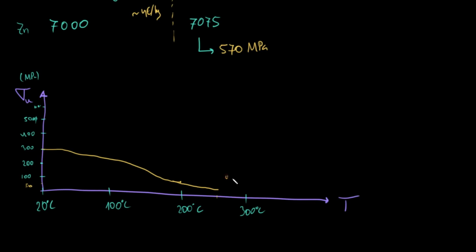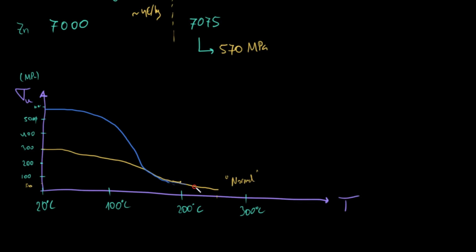So this is a normal alloy, 6060, 6063, 2011, and so on. What about 7075? Well, 7075 is really strong. It's nearly double the typical alloys at room temperature, but it does something like this. At about 150 degrees, it's the same as the rest.